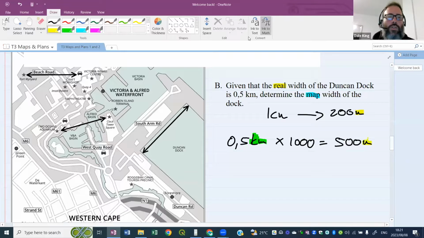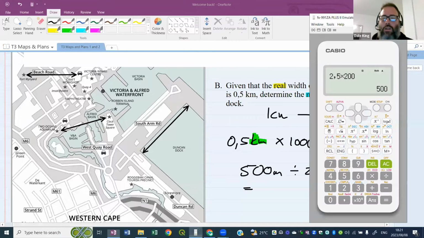All right. And now Fifi is saying, or screaming, divide, divide, divide. Yes, because if I know that every 200 meters is 1 centimeter, in my 500, how many 200s do I have? To work that out, I will need to divide. So I've cut my 500 meters up into 200 meter pieces because every single one of those 200 meter pieces is a centimeter.